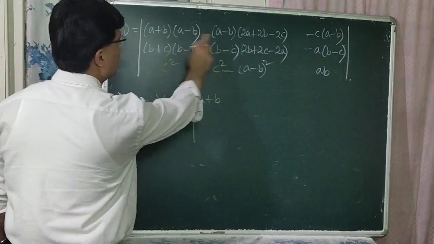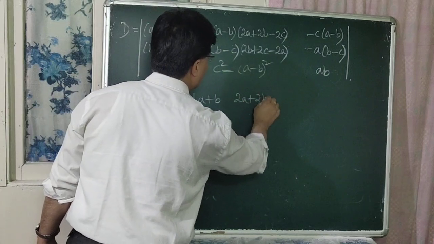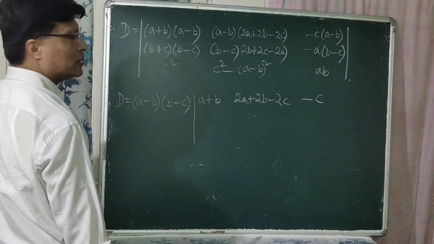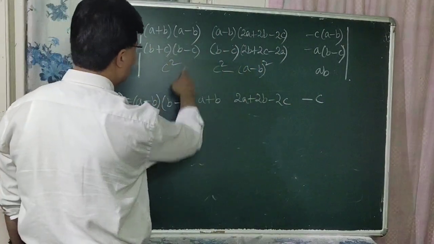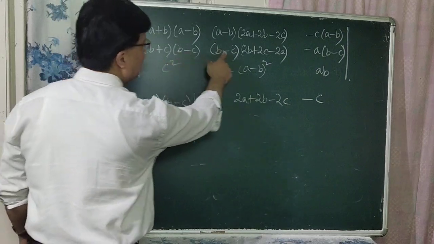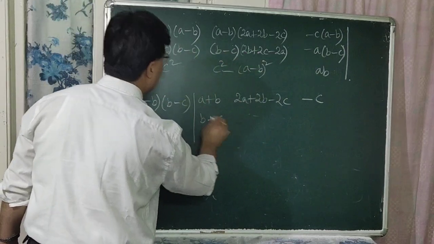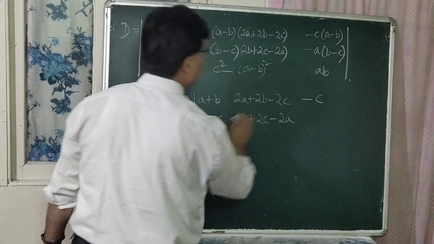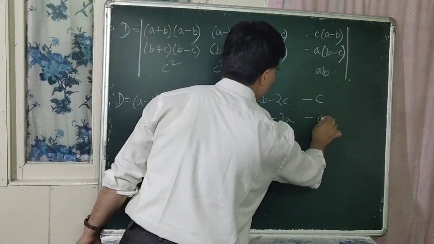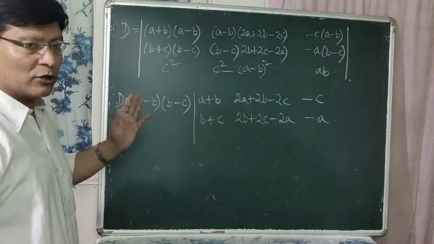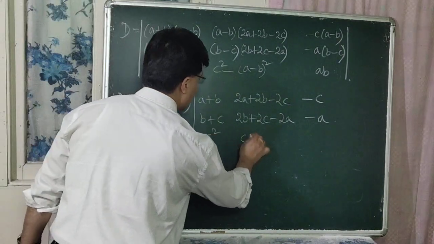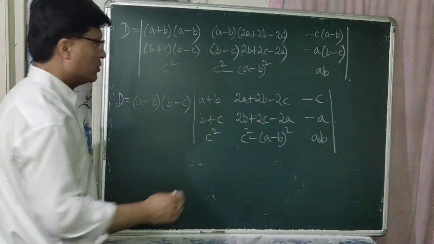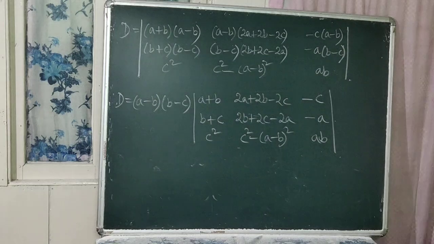A plus b, then 2a plus 2b minus 2c, then this one is minus c. What is the second row now? Here b minus c is taken common. So it is b plus c, then comes 2b plus 2c minus 2a, then b minus c is taken common, so it is minus a, right? And now the third row remains the same, that is c square minus a minus b whole square, then you should write ab. So you can copy it, okay?